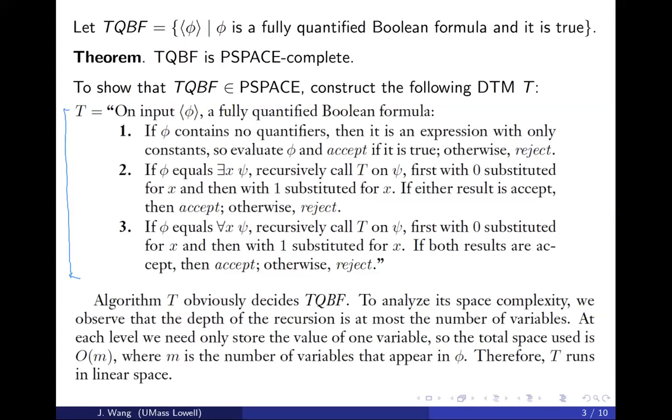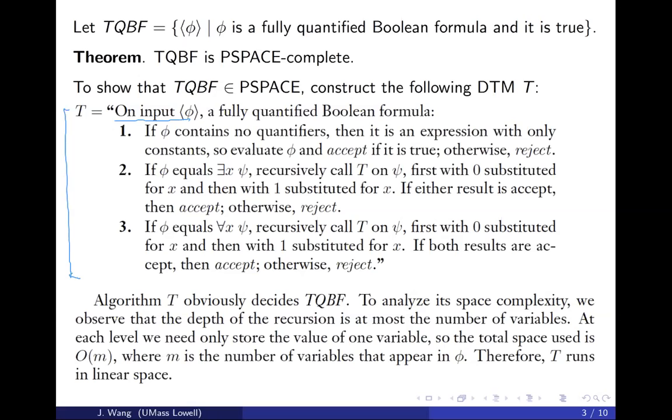So this Turing machine takes an input, which is the encoding of a fully quantified Boolean formula. And then we check to see whether phi contains quantifiers or not. Case one says that this formula phi doesn't contain quantifiers.